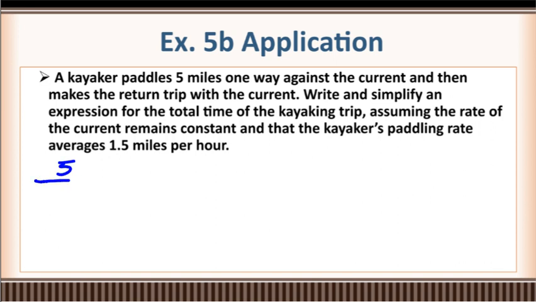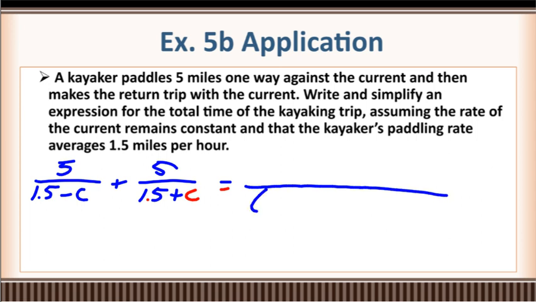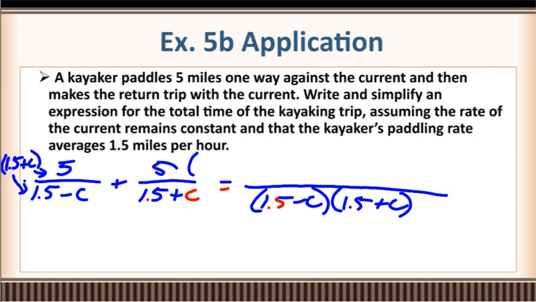So distance divided by rate: 5 over 1.5 minus C for the current, against it, plus 5 over 1.5 plus C. Again, the common denominator is 1.5 minus C times 1.5 plus C. Multiply the first by 1.5 plus C in the numerator and denominator, and this side by 1.5 minus C. So 5 times 1.5 is 7.5.